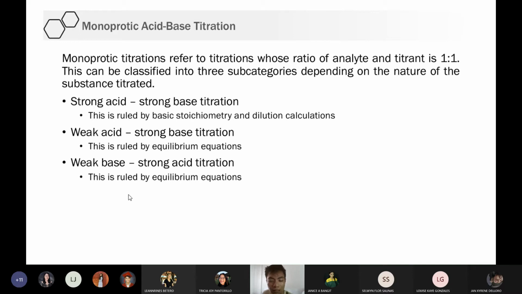Ito yung tricky with titration. Ibig sabihin na to, kailangan alamin mo muna yung condition mo before you apply the equations. Okay? If nakita nyo sa problem that you have a strong acid, strong base system, then you have to use stoichiometry calculations and dilution calculations.